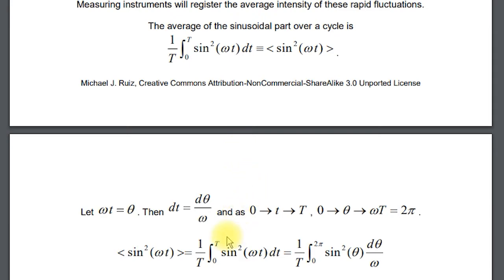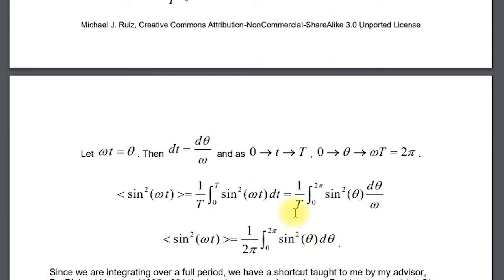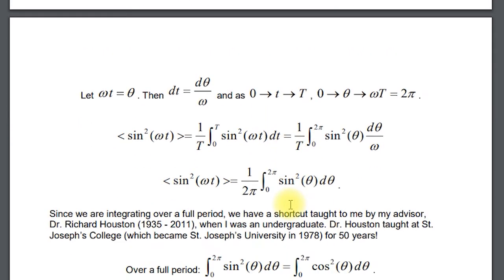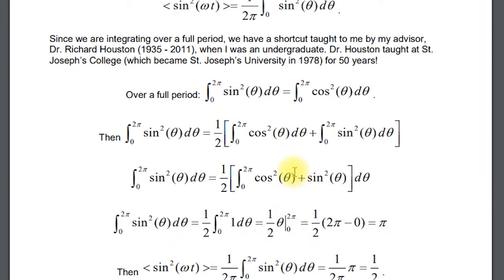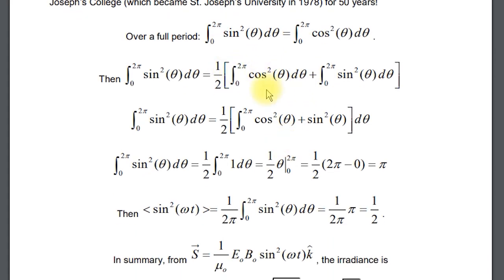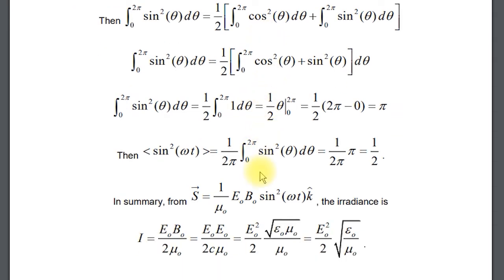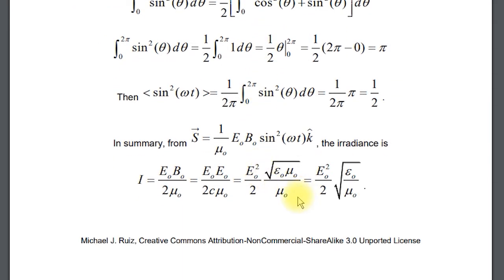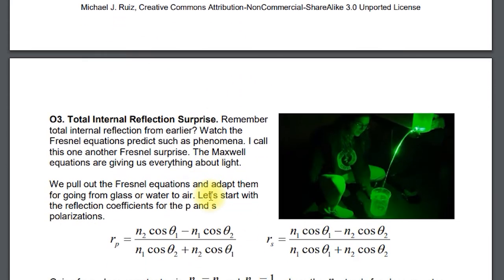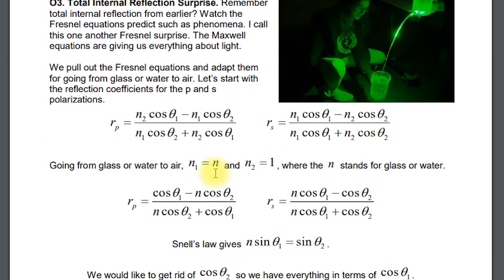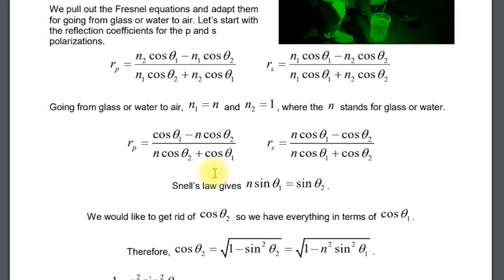So you might at least look at that integral of sine squared. And it's nice to know this integration shows up in a lot of places. So it's just nice to know this little trick here. But for the irradiance, we're going to go with mainly taking the 1/2 amplitude squared, modulus squared, like we did earlier.